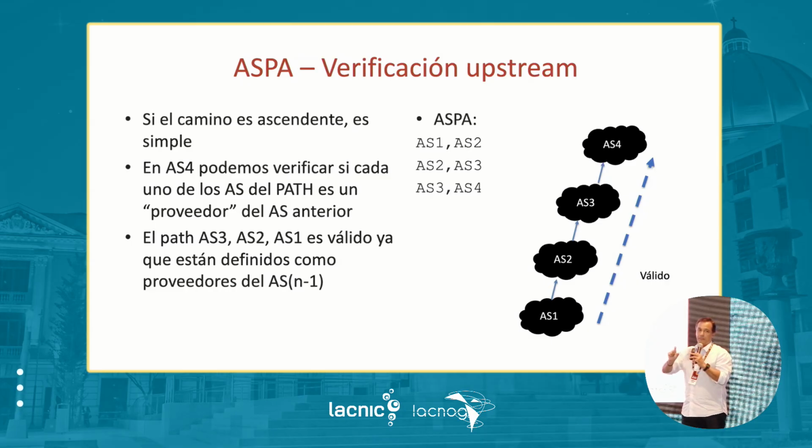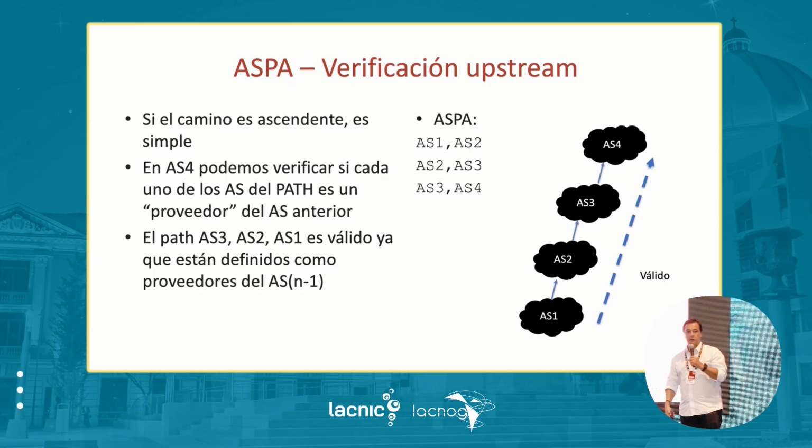So then it is just a matter of determining whether, in that path, each provider said that the next one is their provider. So right here, AS1 has said that AS2 is the provider, AS2 has said that AS3 is their provider, and so on.